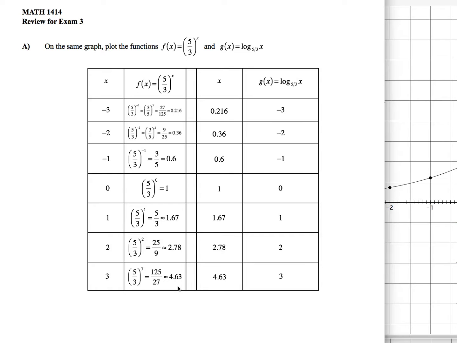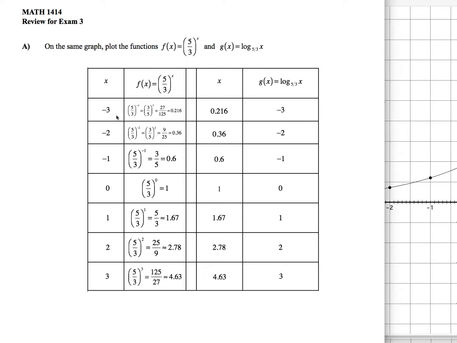And 5/3 cubed is 125 over 27, and that's approximately 4.63. It's 4.62, and I don't really remember what comes after that, but that's a good decimal approximation.